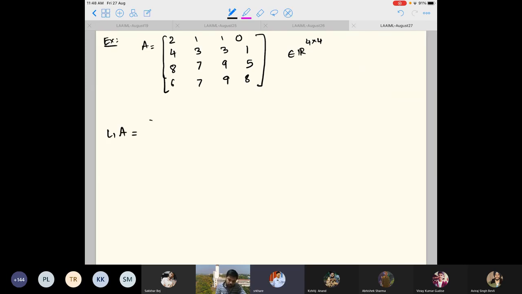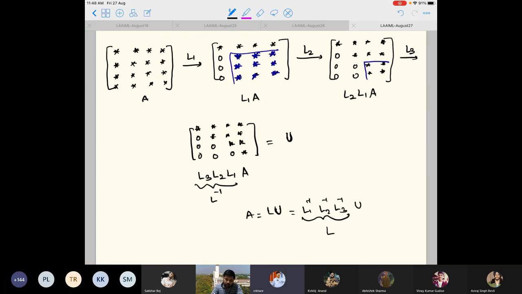Where have you seen this before, that you want to make all the column entries 0 below the diagonal entry? In the first place, all the entries below the diagonal element are being made 0. In the second case also, all the entries below the diagonal element of the second column are made 0.